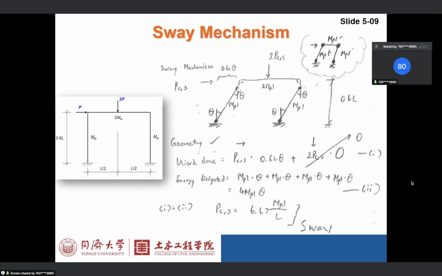Plastic hinge happens in the column, plus MPL times delta plus MPL times delta. So it's 4 MPL times delta. So we get the second value, PCS. S means sway mechanism. So it is 6 times 7 MPL over L.